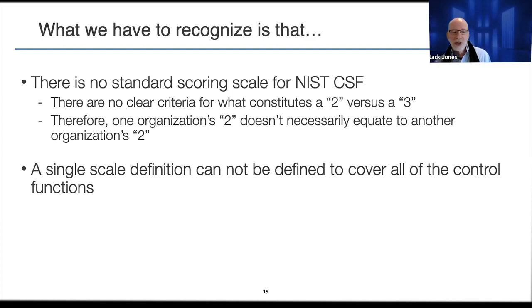The other problem is that you can't have a single scale definition for each of the control functions. Remember earlier when I said that, for example, in the loss event control functional domain for FAIR-CAM, there were three different units of measurement: percentages, time, and dollar signs. You can't have a single scale definition for each of those different units of measurement. And it's actually even more complex than that.